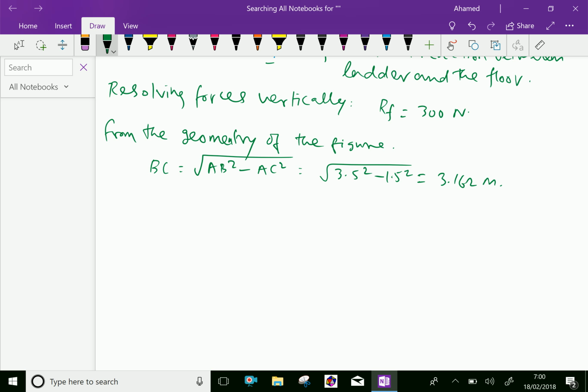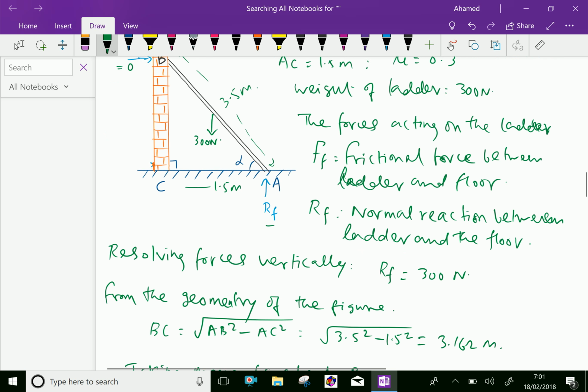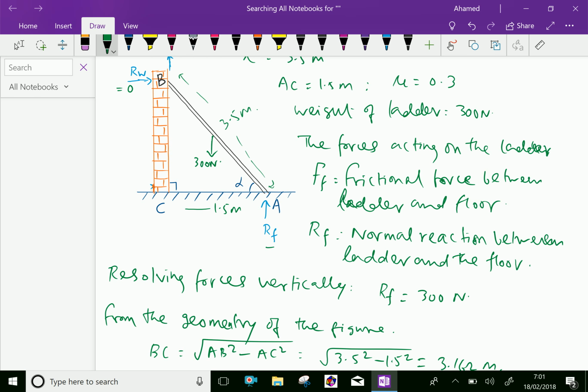Now we take moments about the point B. Here the point B is here.